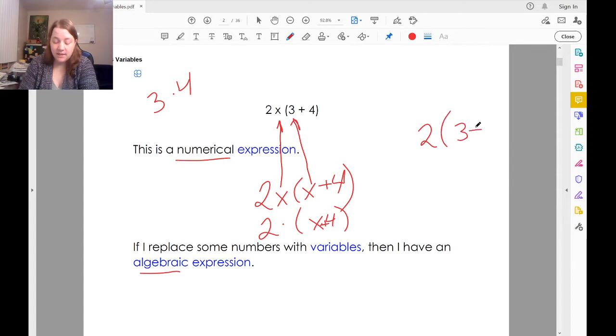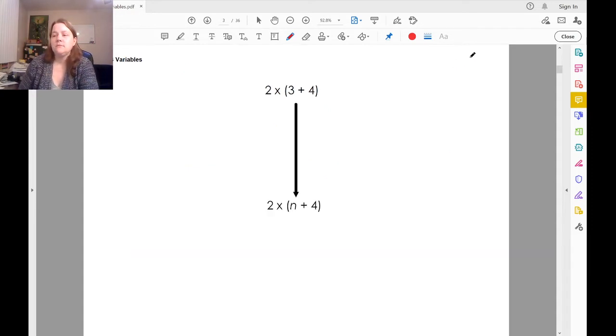If you see that there is no sign between a number and a letter, that means that those things are going to be multiplied. Just imagine there's an itty bitty little dot hiding in there, because mathematicians don't always write the dot. And you can see here that we have an example of a numerical expression and an algebraic expression.